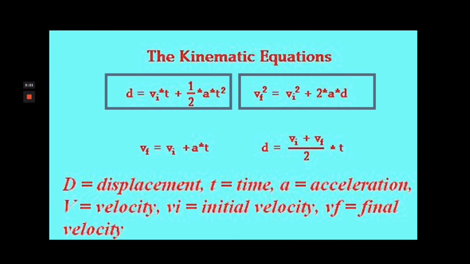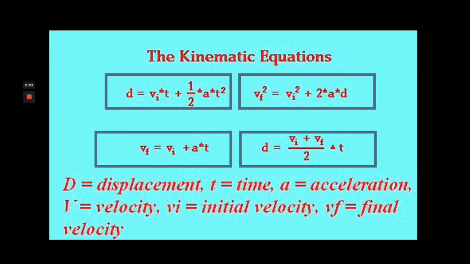Second, we have final velocity squared is equal to initial velocity squared plus 2 times acceleration due to gravity times displacement. We also have final velocity is equal to initial velocity plus acceleration due to gravity times time.